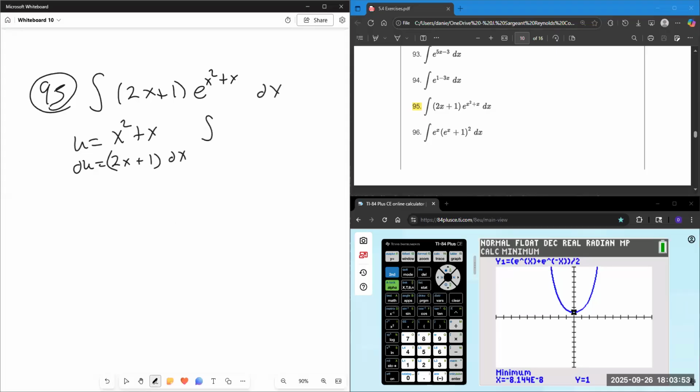So this is e to the x squared plus x times 2x plus 1 dx if I rearrange, which is e to the u du, which is e to the u plus capital C. So this is e to the x squared plus x plus c.